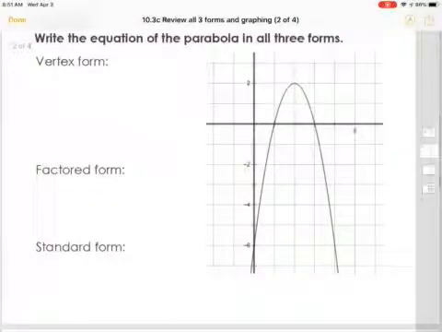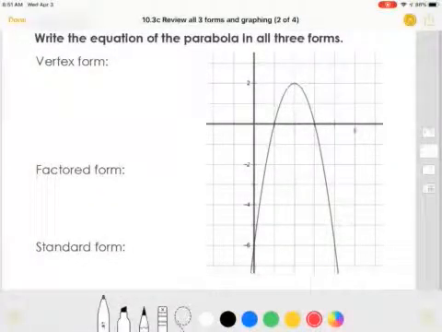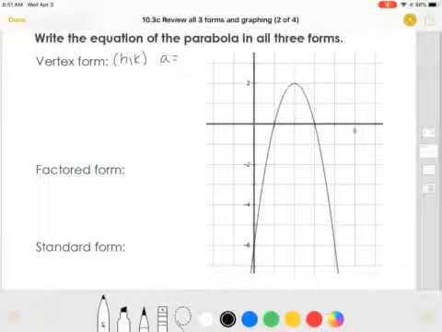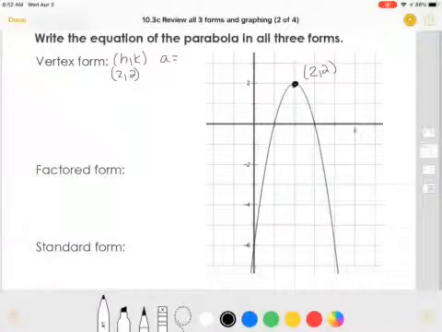So we want to write the equation of the parabola in all three forms. Let's start off with vertex form. Vertex form is nice because all we need is our vertex and our a value. Here's our vertex at the point 2, 2. And then our a value, well, normally we would go over 1 and up 1, but here we go over 1 and down 2.